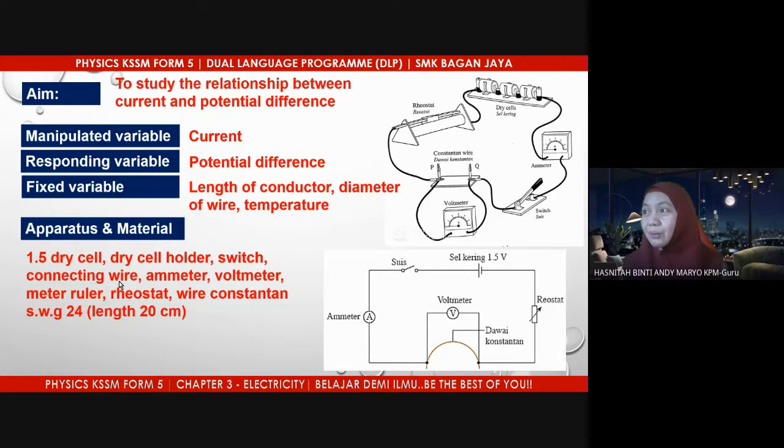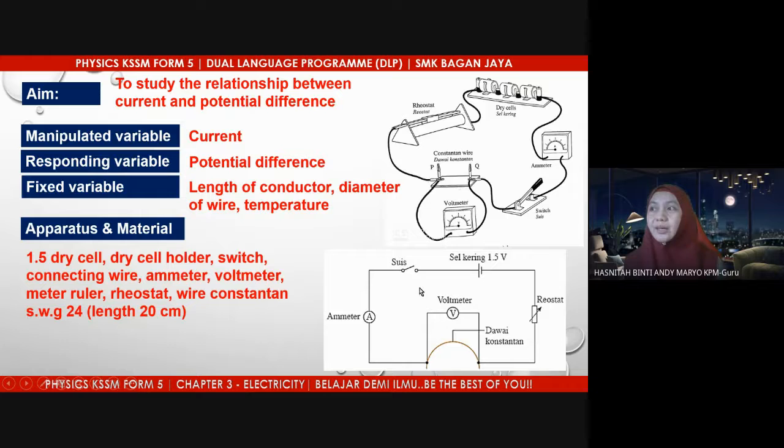In this study, we are not using a bulb. If you look at the apparatus and material, the bulb is replaced with constantan wire. If you look at this circuit diagram, we are not using any bulb, but we are using constantan wire as our conductor.